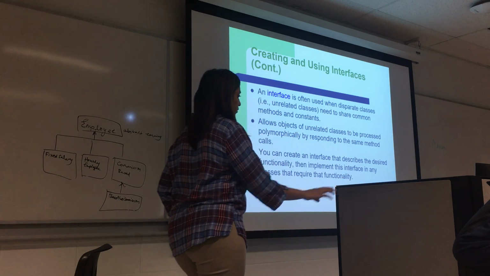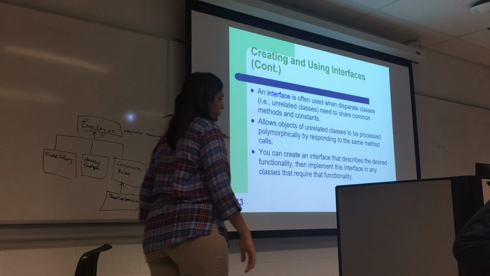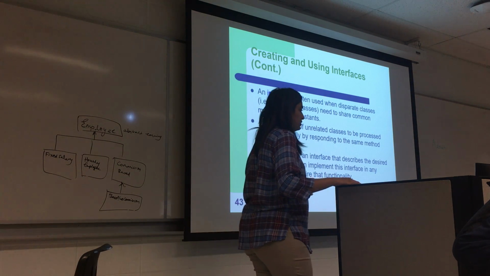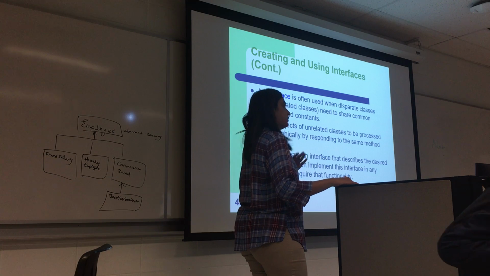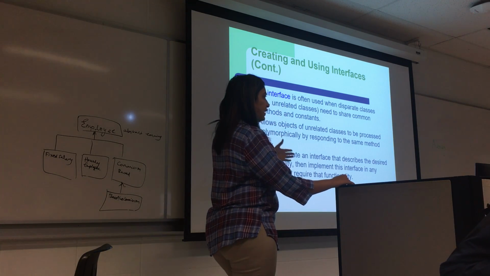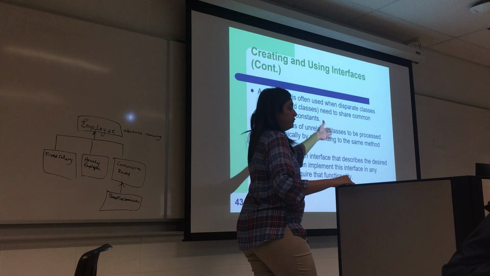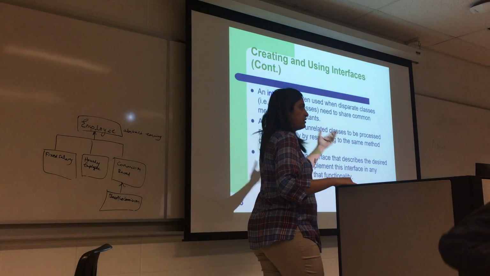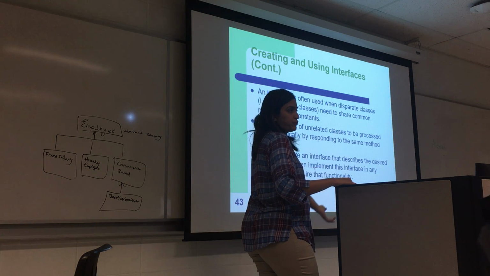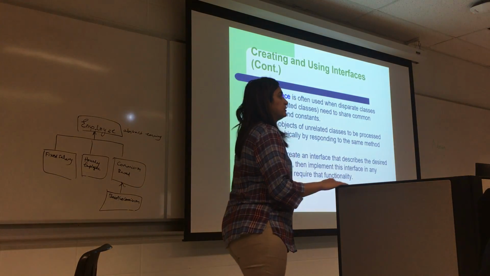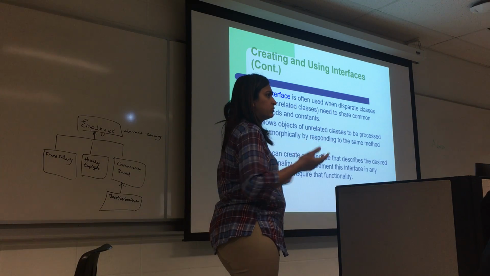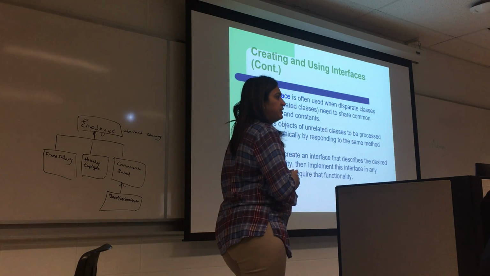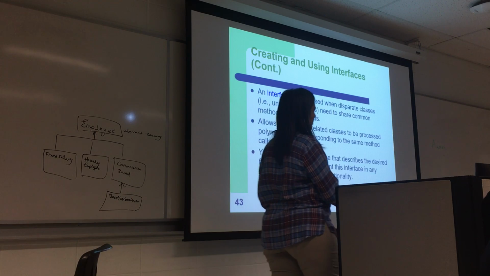An interface is often used when disparate classes or unrelated classes need to share common methods and constants. Sometimes people use animal as an interface for elephant or cheetah, right? Because they might think that elephant and cheetah are different kinds of animal, so maybe you can create an interface animal and implement that.